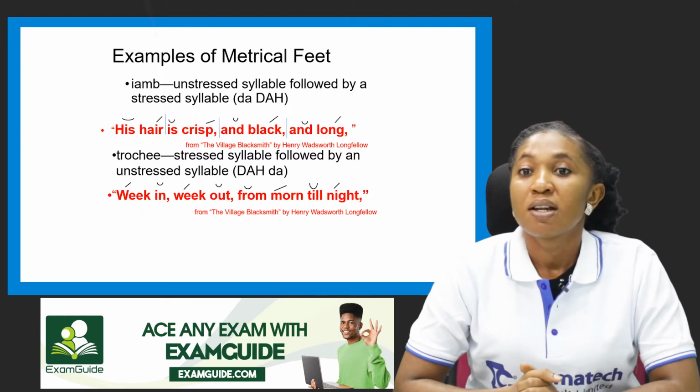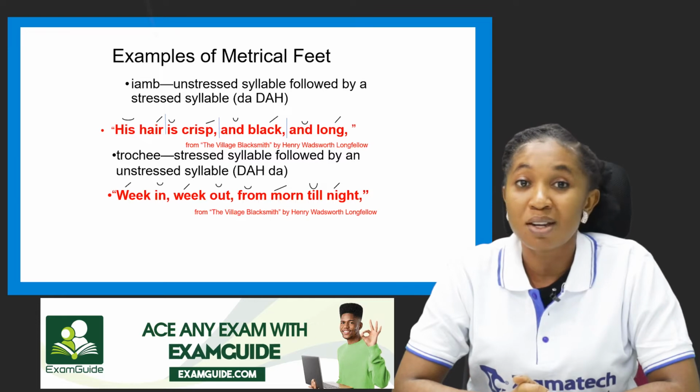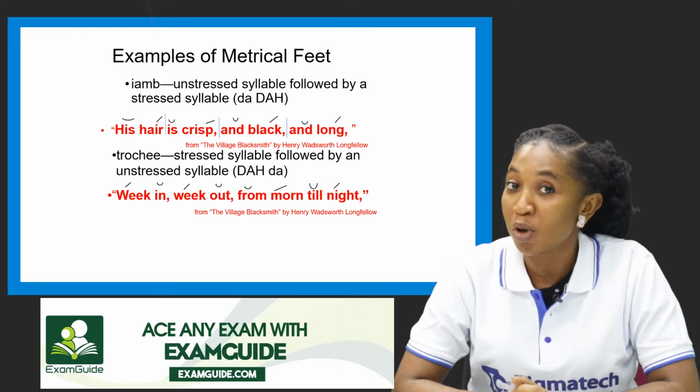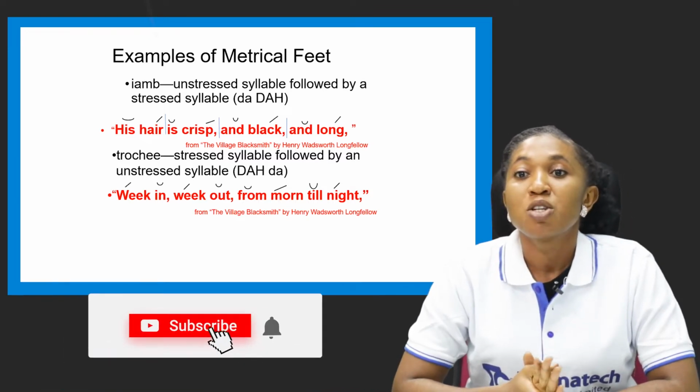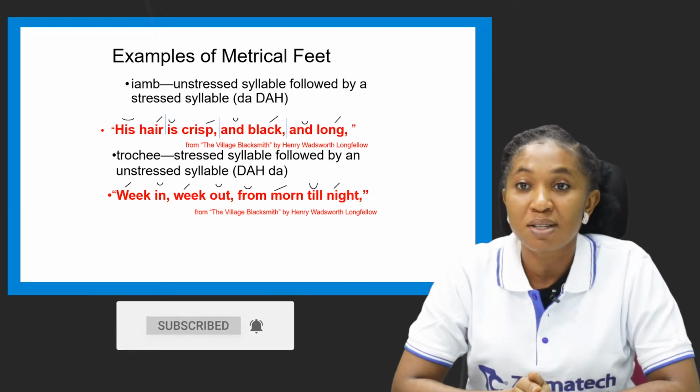Okay, let's look at the next one. The next one is trochee. It is pronounced "trochee." Trochee is simply a stressed syllable followed by an unstressed syllable.